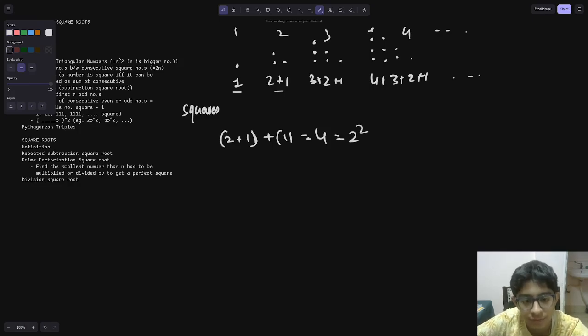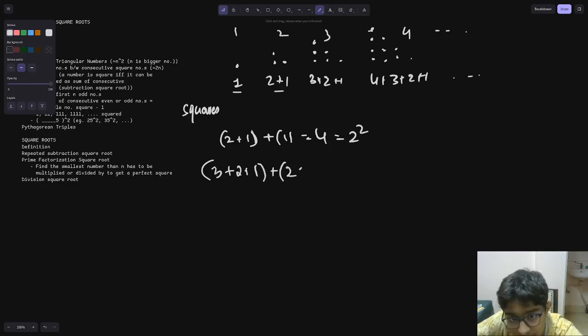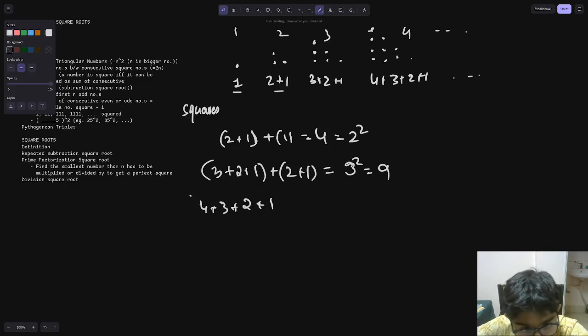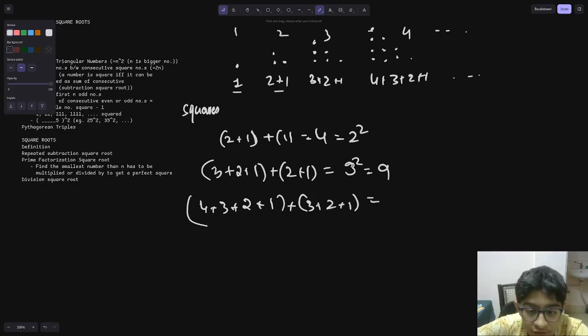Then in the next one we have 3 plus 2 plus 1 plus 2 plus 1, which is equal to 9, 3 square. Then the next one is 4 plus 3 plus 2 plus 1 plus 3 plus 2 plus 1, which is equal to 4 square, 16.